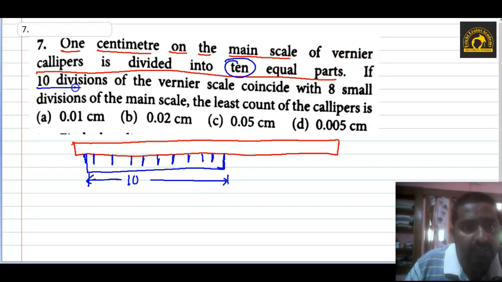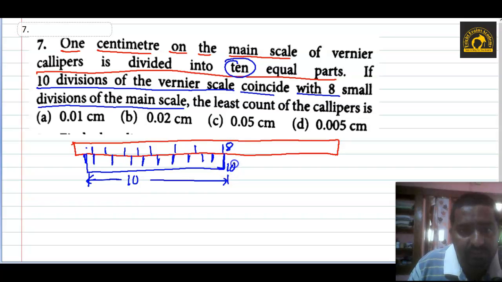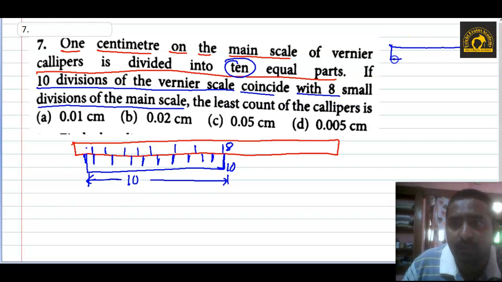If 10 divisions on the vernier scale coincide with 8 small divisions on the main scale, so on the main scale it is 8 divisions: 1, 2, 3, 4, 5, 6, 7, 8. The 8th division coincides with the 10th. Usually, in the general case, how is the main scale made?